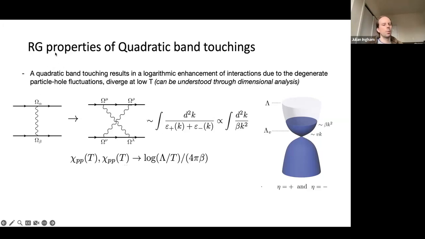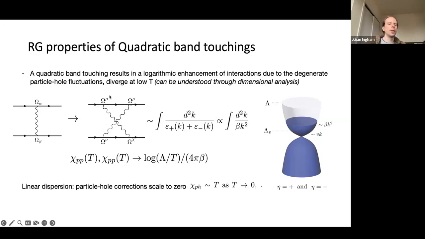This thing is proportional to the particle-hole susceptibility. But basically, this diagram, by dimensional analysis, diverges logarithmically with temperature because we have k squared in the numerator and k squared in the denominator. So we get something that involves beta, the coefficient of our quadratic term, and then log of the UV cutoff divided by temperature.